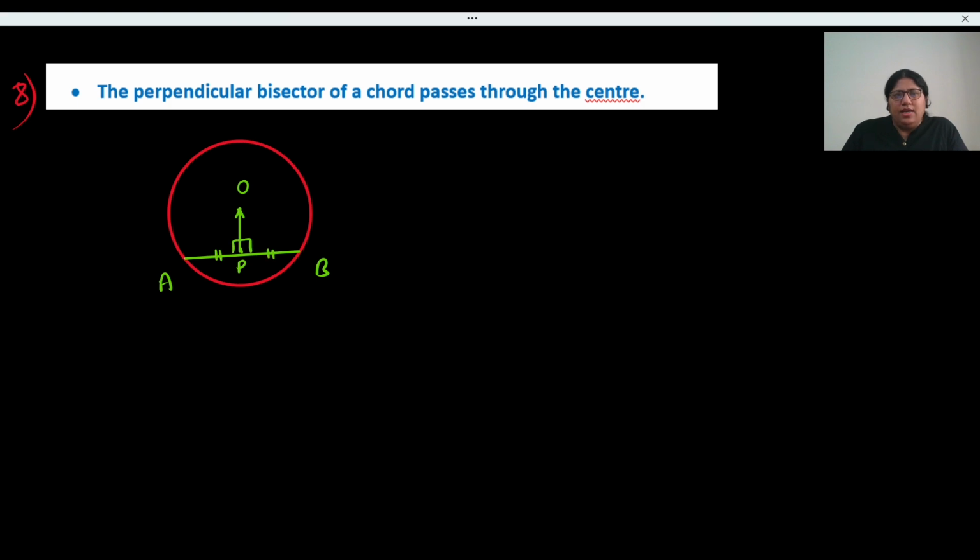This means OP is perpendicular on AB and AP is equal to BP, or P is the midpoint of AB. Now it always passes through the center. That means whatever the line is, this one is passing through center O. Or if I draw a perpendicular from the center to the chord, it will bisect the chord.